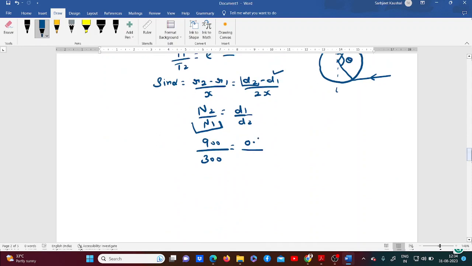So d2 will come as 0.3 multiplied by 300, divided by 900. So the value of d2 you can find here.